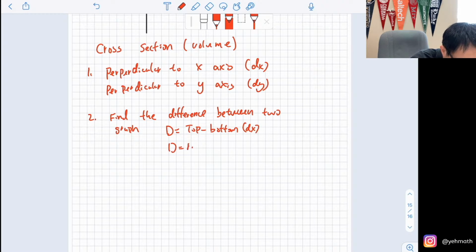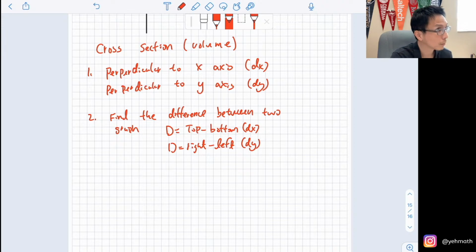Or the difference could be right minus left. Hopefully that makes sense. Top minus bottom, just like what we did before when we did cross section in terms of area. And if we do it in terms of dy, it's right minus left. Are we okay here?